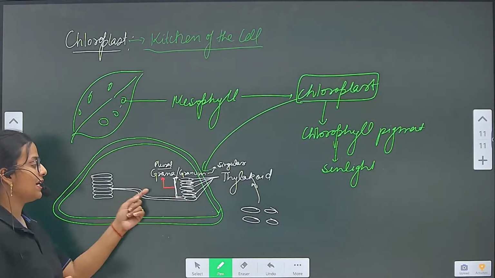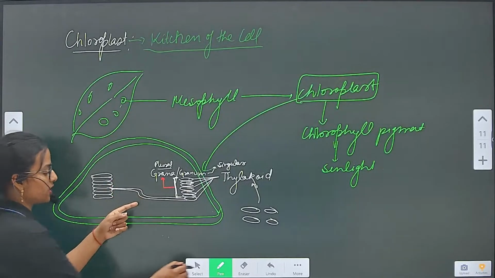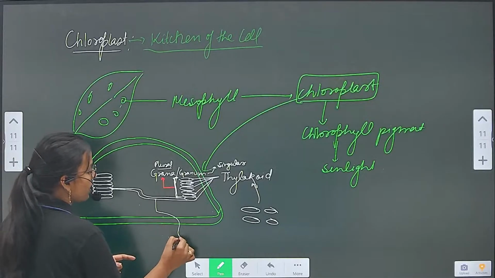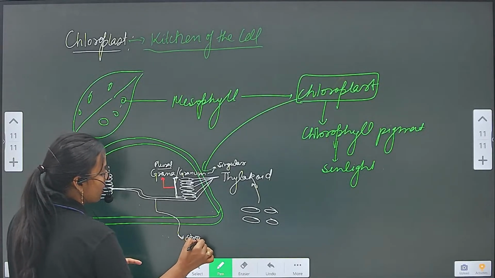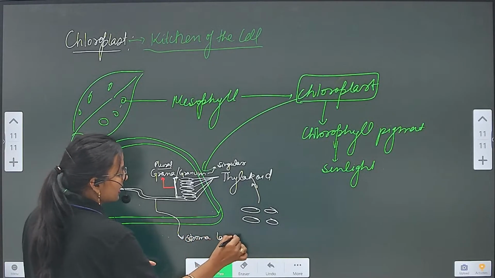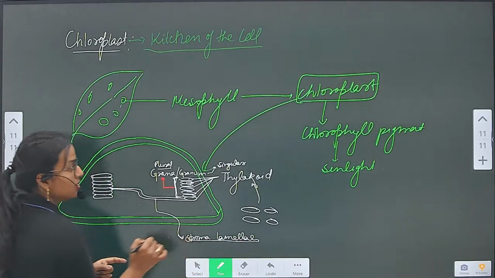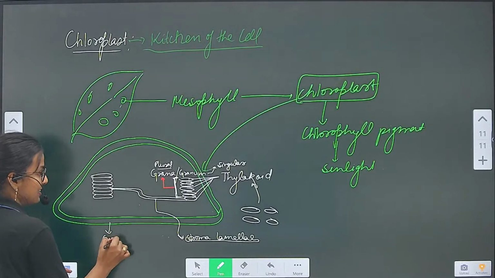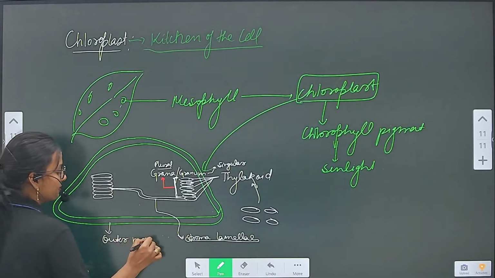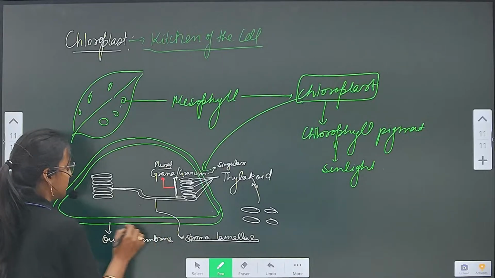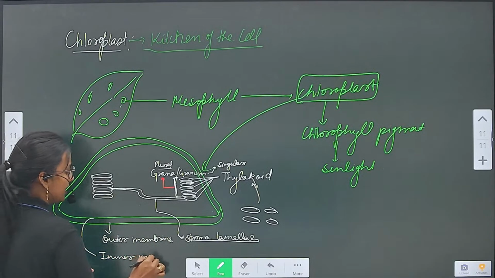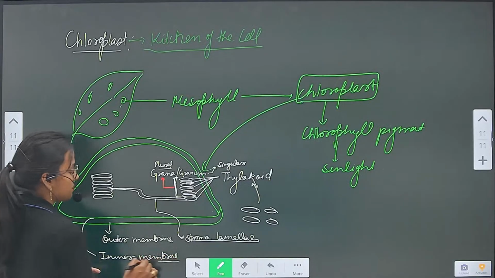Now multiple grana are interconnected with the help of filamentous ribbon-like structures called stroma lamellae. Is that clear? Stroma lamellae. This is the outer membrane. This is the inner membrane.